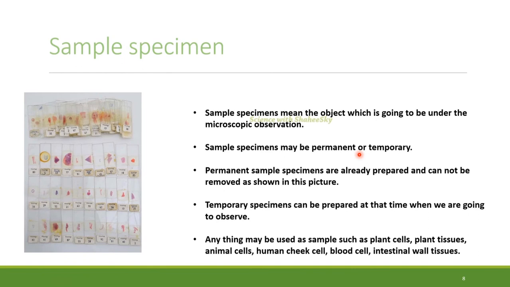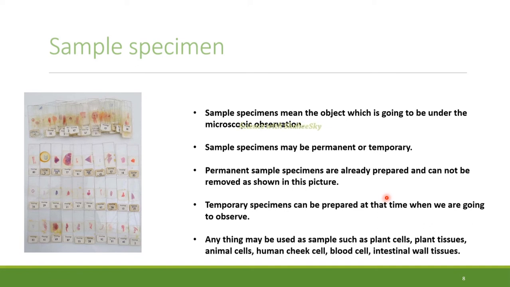What are sample specimens? Sample specimens are the objects which are going to be under microscopic observation. These sample specimens may be permanent or temporary. Permanent sample specimens are already prepared and cannot be removed.